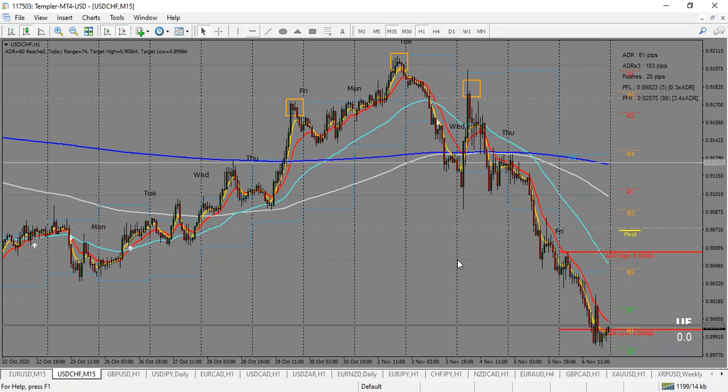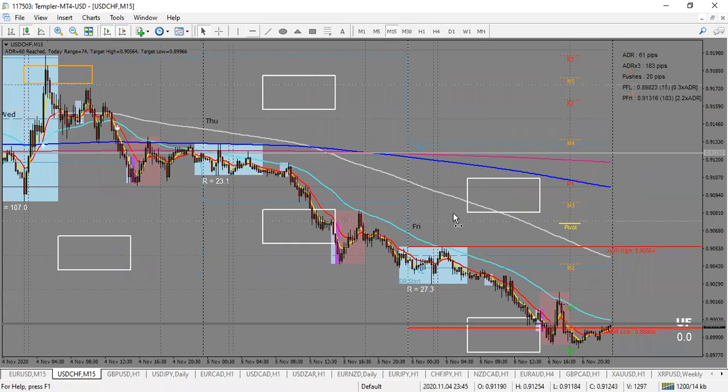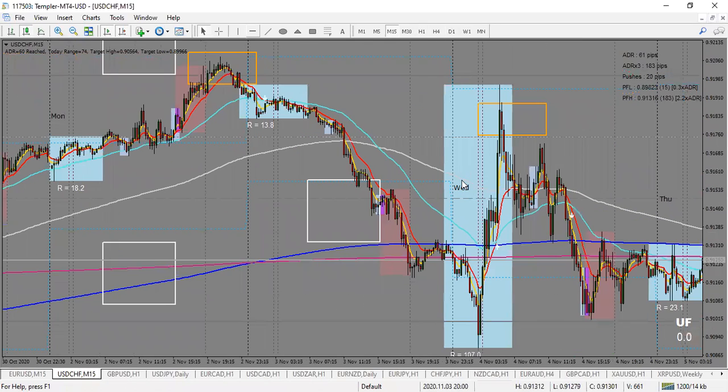On Wednesday is where we had the US presidential election. Now let us go to the 15 minutes time frame and have a look at a few entries. Here we had the peak formation, and here we had what was not a clear ID50, so it was a straightaway trade, not easy to take. On Wednesday we had our stop hunt high towards the blue tracer, and then we had a downtrend there.